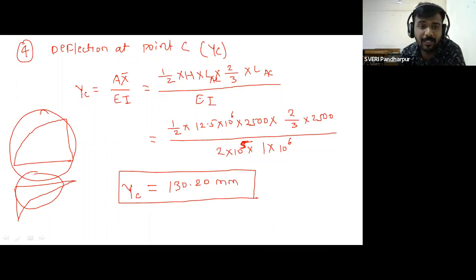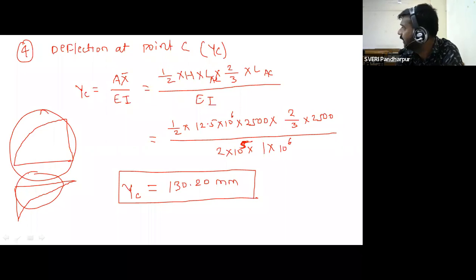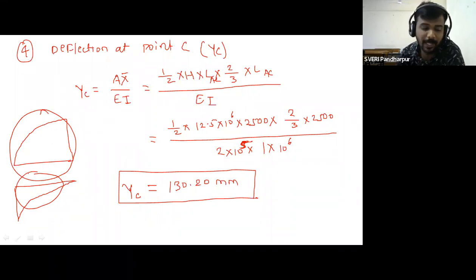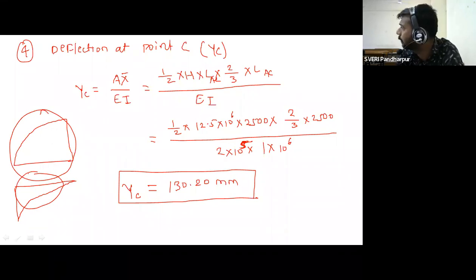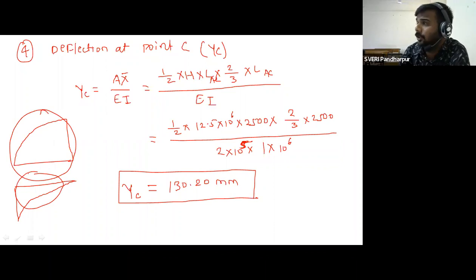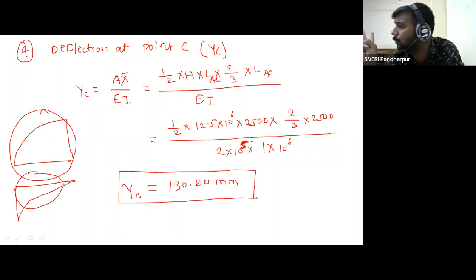One content mentioned in your syllabus is the Macaulay method. By using the Macaulay method also we can solve the numericals, but it is not in your syllabus. We just have the introduction part of the Macaulay method. Actually, there are three methods by which we can calculate the slope and deflection. First is the moment area method, which we have discussed. Second is the Macaulay method, and third is the double integration method.